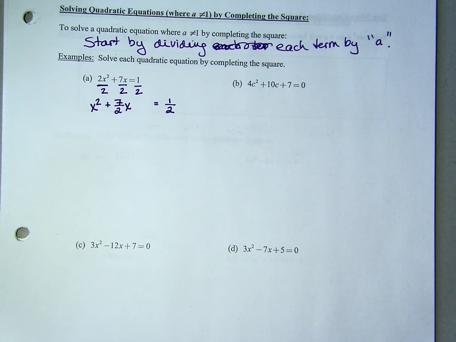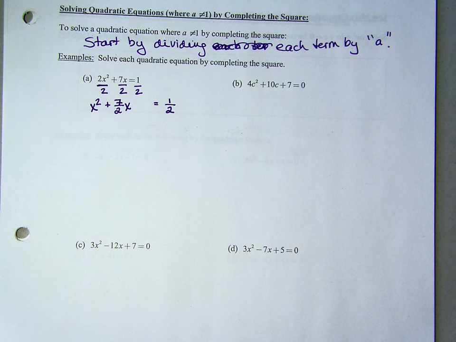Here's the good news. The process is going to be exactly the same idea as yesterday. The only difference is I just have these fractions that I'm going to have to work with. First of all, hopefully you already realize I have the x's on one side, number on the other, so it's in the right form now. First thing I need to do is half my middle number squared. It is going to be a pain to divide a fraction by 2.